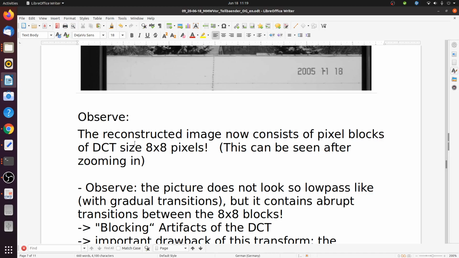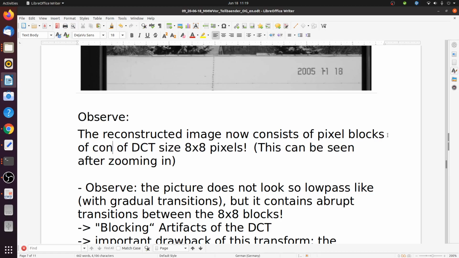So this is what I just mentioned. It consists of pixel blocks of DCT size 8x8 pixels, and they have the same pixels. Pixel blocks of constant brightness.